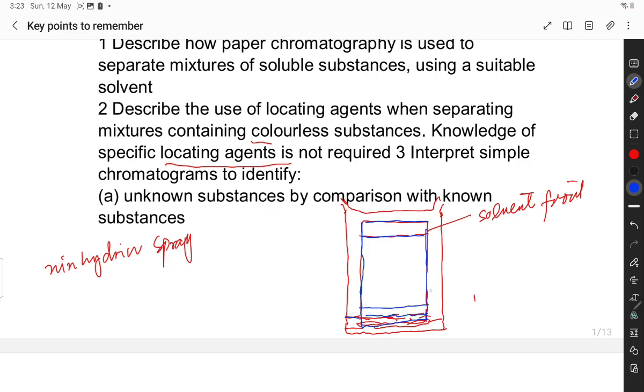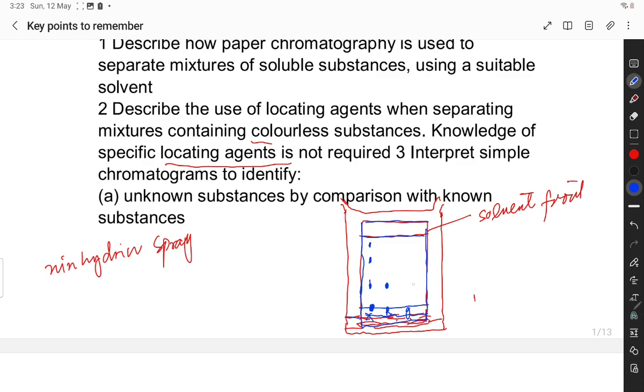The baseline should be above the solvent level, and you place the mixture, for example this is mixture X containing 3 dyes, and this is pure red, and this is green dye. For example, if it is parallel, it means red dye is present in this mixture.